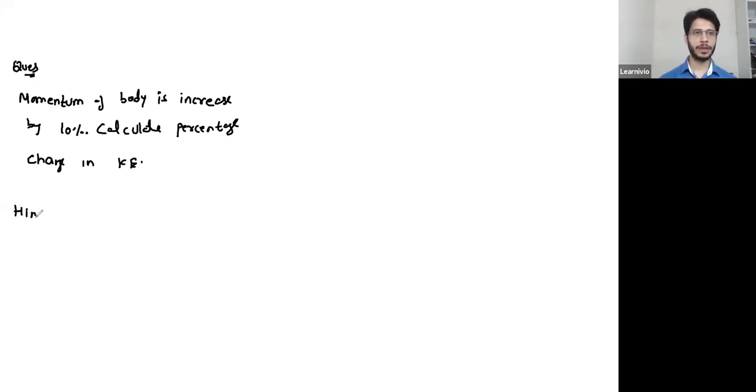I'm giving you a hint that the initial kinetic energy is P1 square by 2m. You can write your final kinetic energy as P2 square by 2m. You can write your P2 as P1 plus 10% of P1.